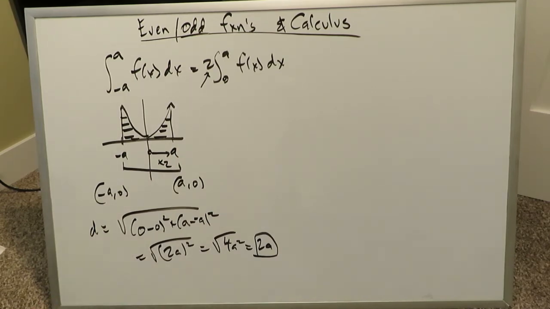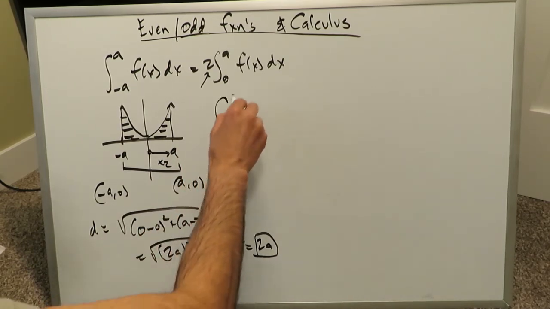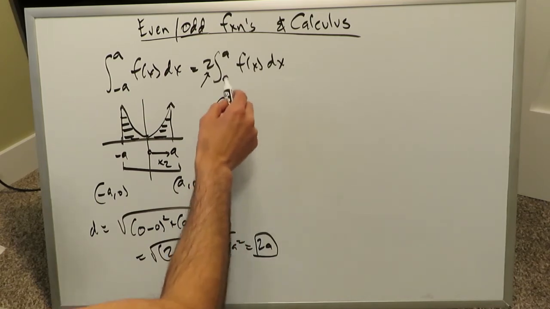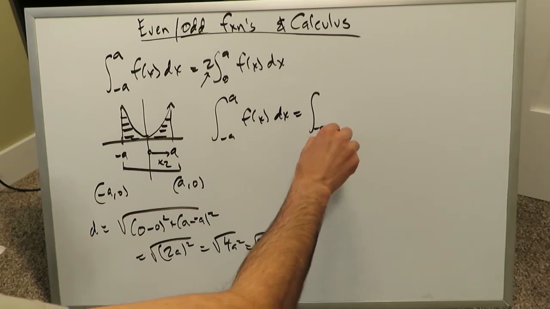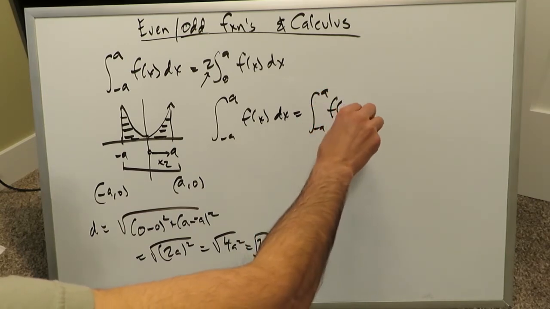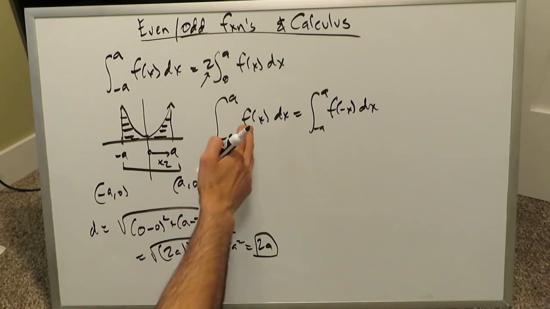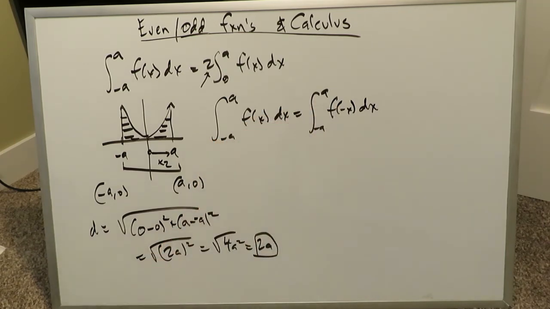If you have an even function, you can also show that the integral from minus a to a of f of x dx should also equal the integral from minus a to a of f of minus x dx. For an even function, f of x is equal to f of minus x.